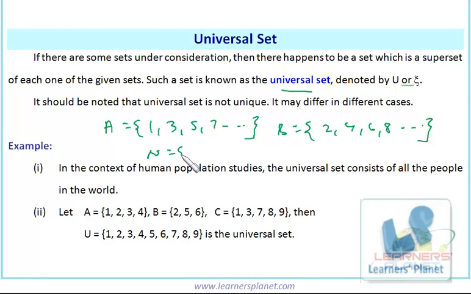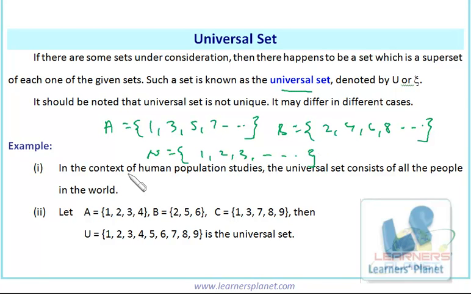Then N, the set of natural numbers, is the universal set. So A is a proper subset of N, B is a proper subset of N. A and B are individual sets, and N is the universal set for both of these sets.